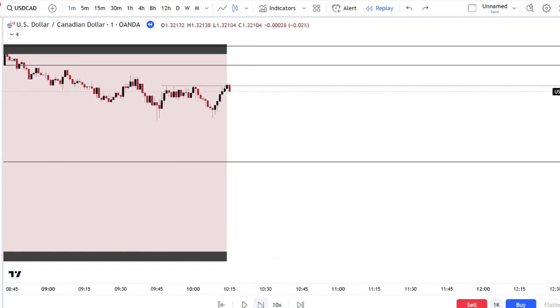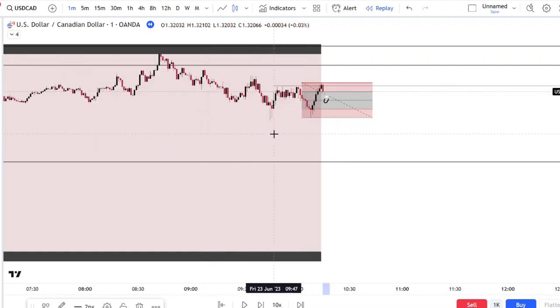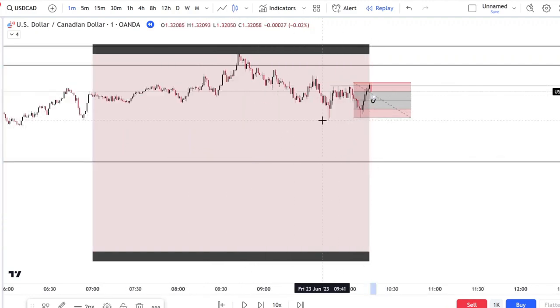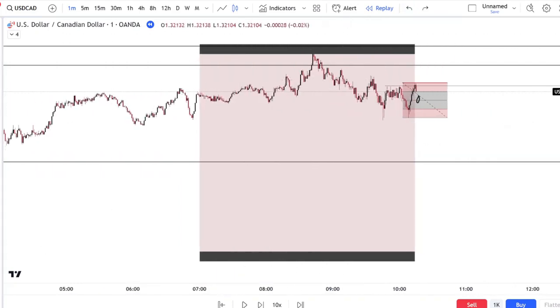Here we have a stop hunt. Price came back into the range. Pull out our fib. Our entry would be at the 50% here. Our TP could be these relative equal lows. Our second TP could be this level.